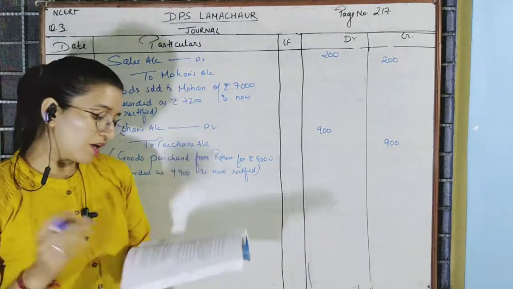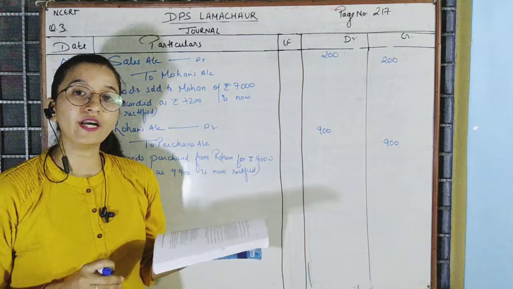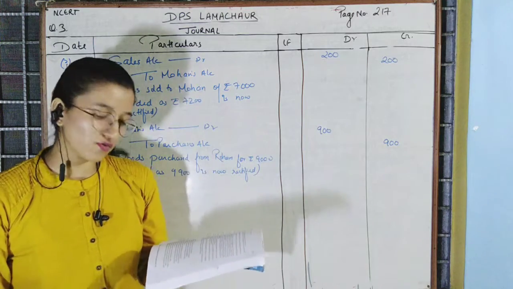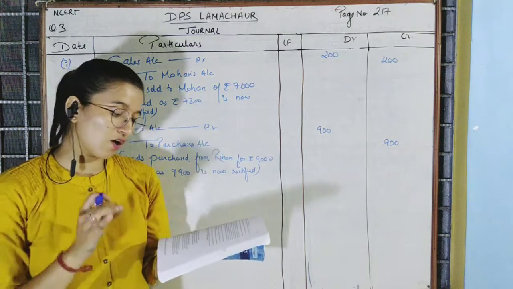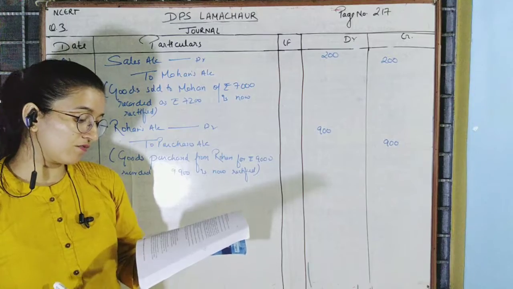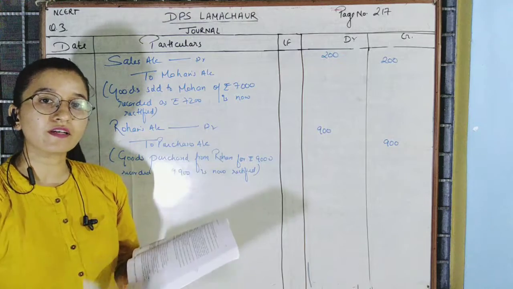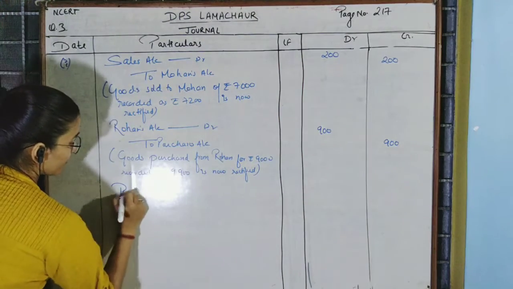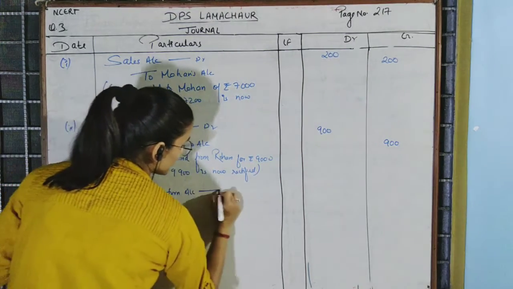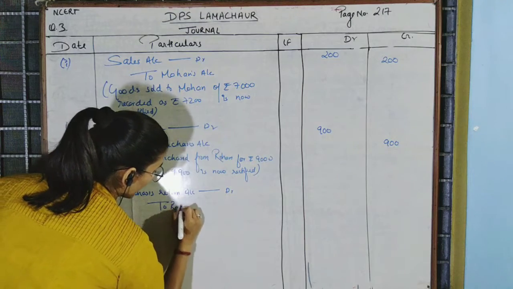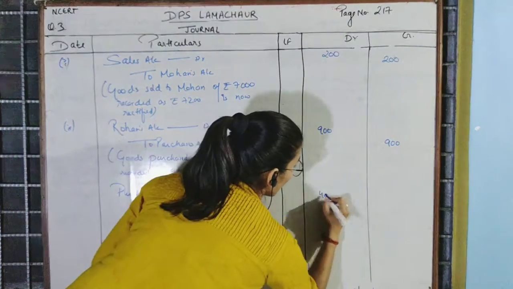Now third transaction is goods returned to Rakesh rupees 4,000 were recorded as 4,040. So in this transaction also we will write the entry in the opposite direction because there is an error of rupees 40. The correct entry for this transaction will be Rakesh account debit to purchases return, but here we will write in the opposite direction, which means purchases return account debit to Rakesh account, and the amount is rupees 40.